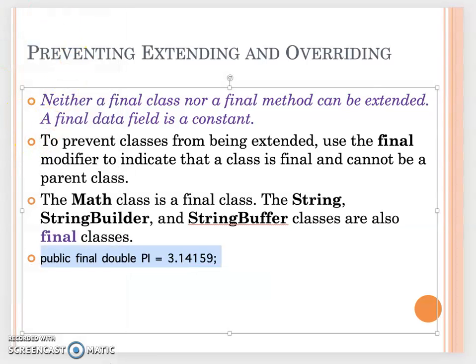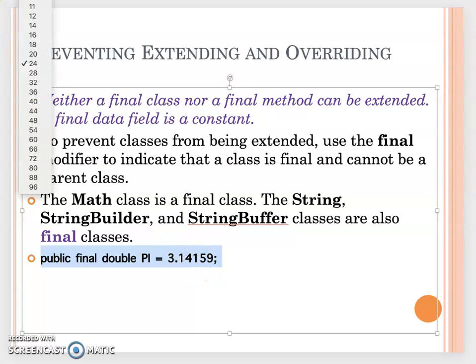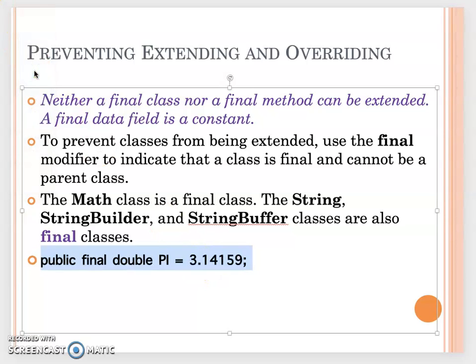You just need to specify the final keyword. You still have your data type and variable name, but if you put final before the variable name, that means you cannot reassign the value. That's the way we do the constant variable definition in Java. So that's the final data attribute.